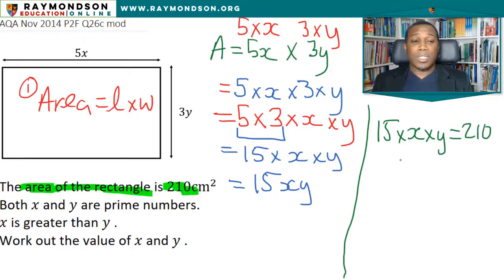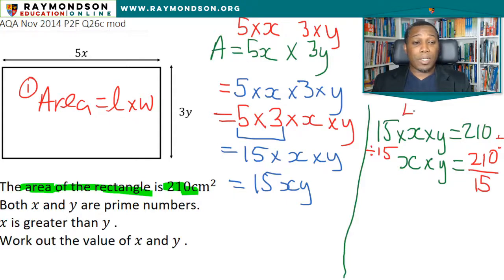If that's 210, then what is x multiplied by y? What does it have to be equal to? It has to be equal to 210 divided by 15, because the opposite of multiplication is division. I'm dividing both sides by 15, the left-hand side and the right-hand side.